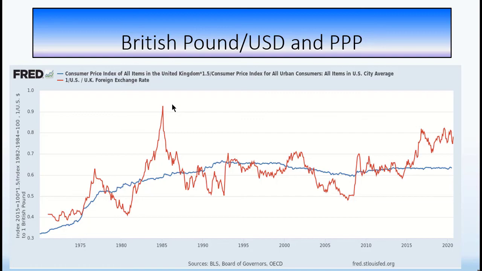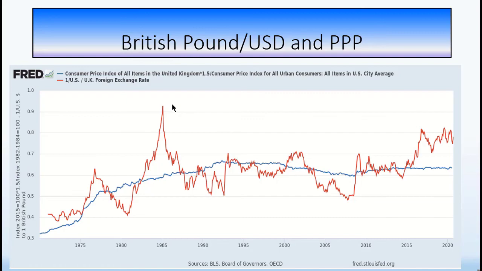And so you had speculators driving up the price of the dollar significantly relative to the pound. The UK's economy just didn't look as good as the US at that point in time. So speculators in the currency markets drove up the dollar and drove down the pound. And basically the value is inversely related there for the pound.